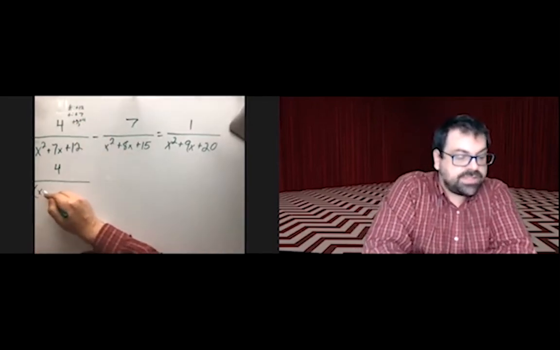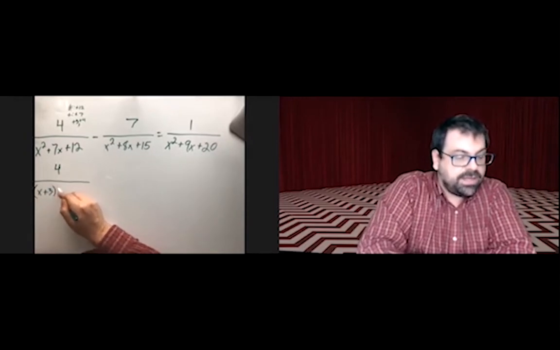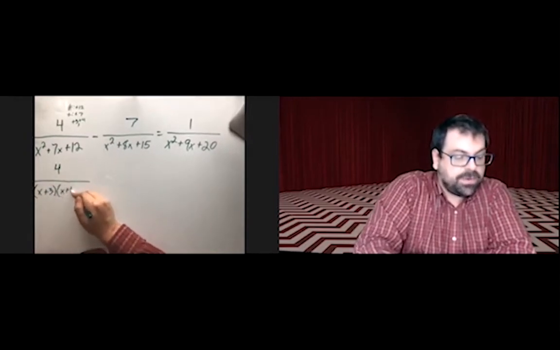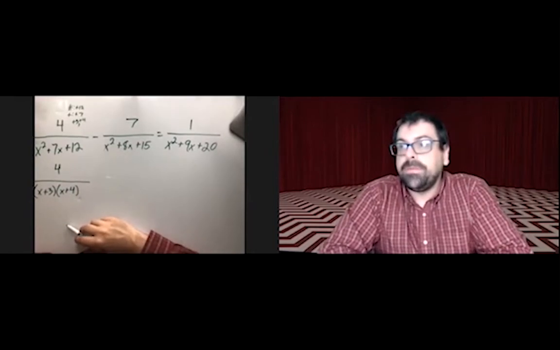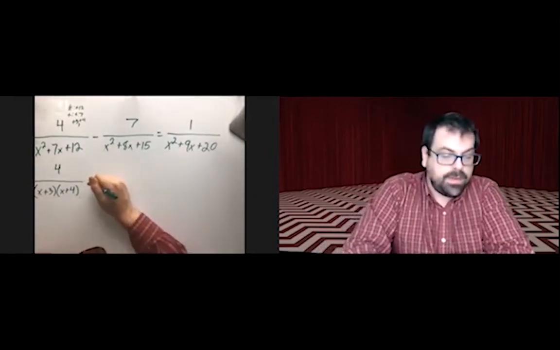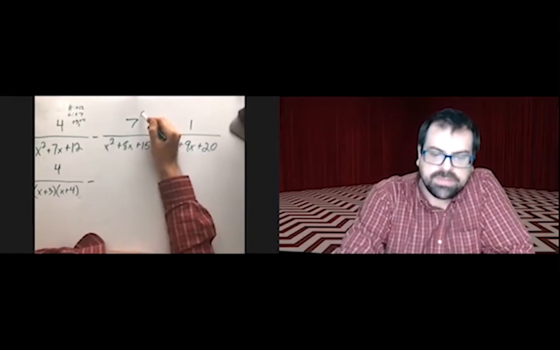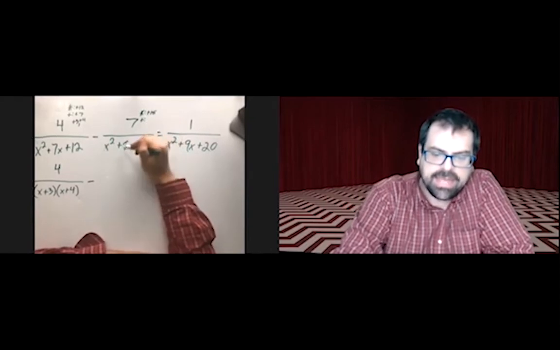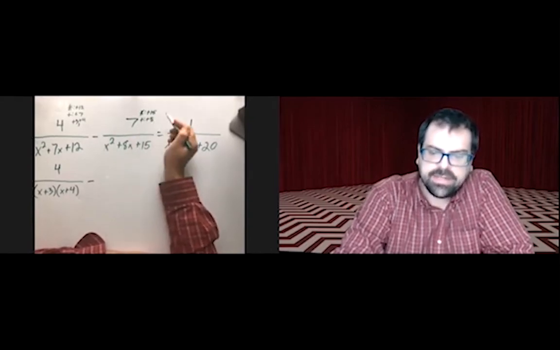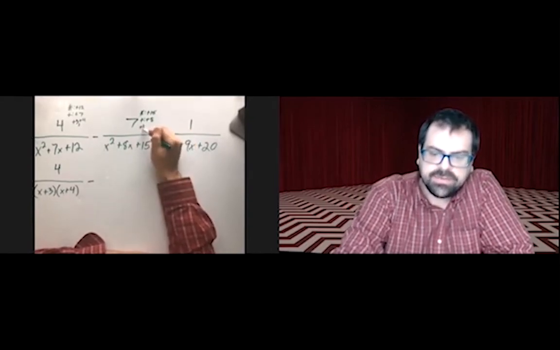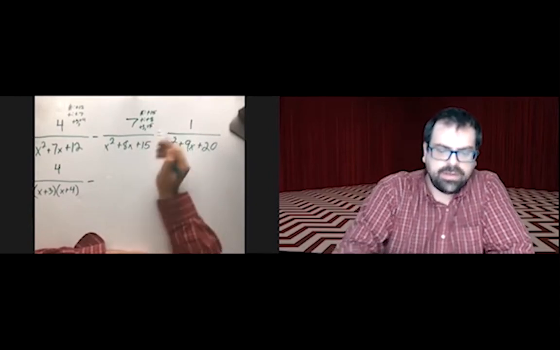This one factors to x plus 3, x plus 4. Minus. Here we would need numbers that multiply to positive 15 and add to positive 8. These are plus 3 and plus 5.